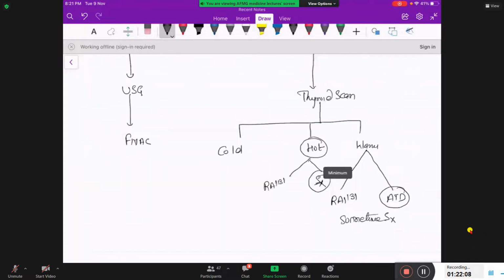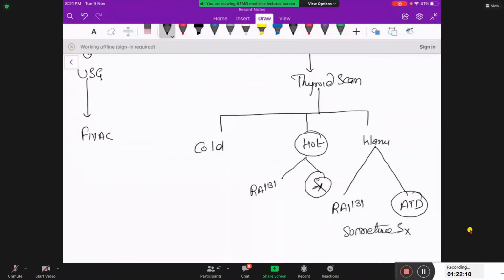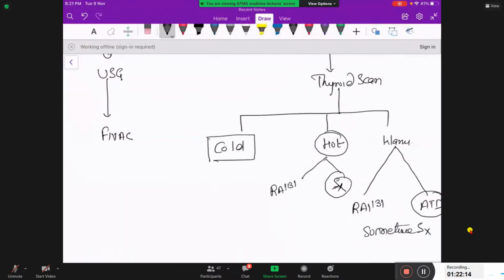And once it is a cold nodule, the next step is as per the latest guideline, and the rest of the algorithm will run like that.